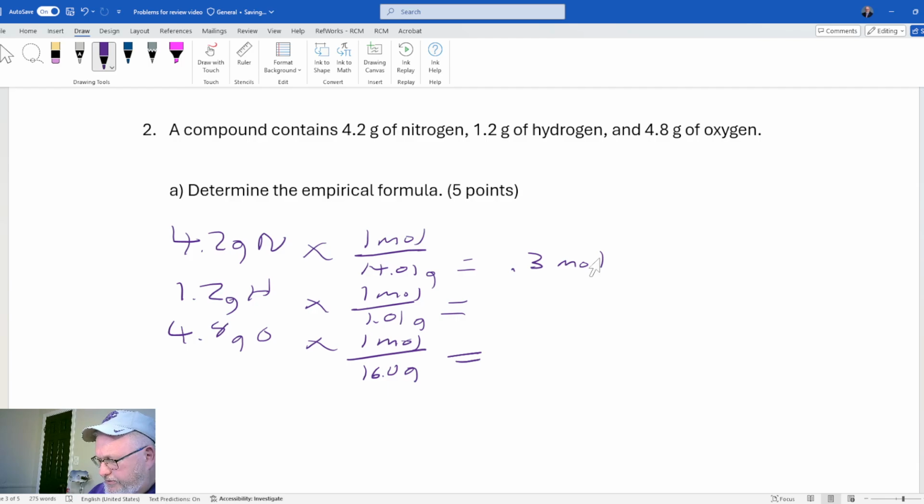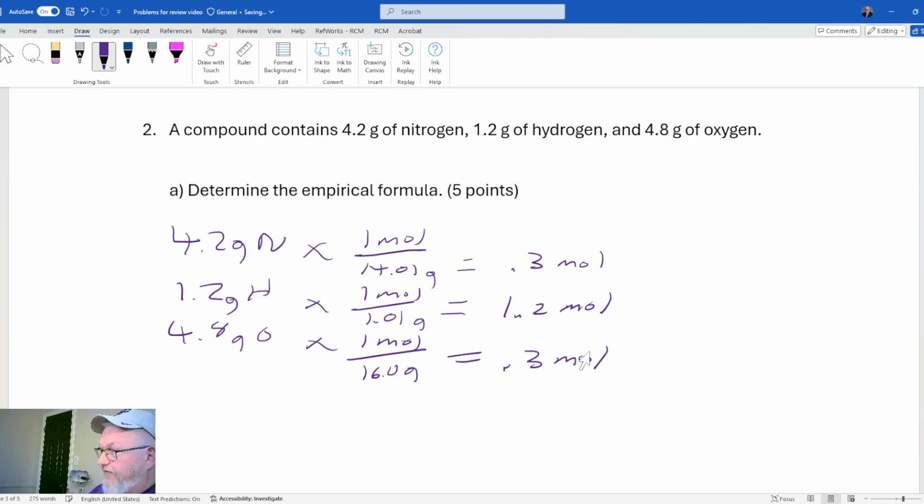Then 1.2 divided by 1.01, I get 1.2 moles. And then 4.8 divided by the molar mass, 16, I get 0.3 moles.